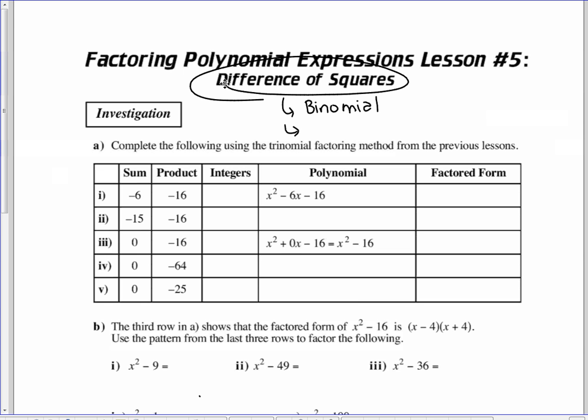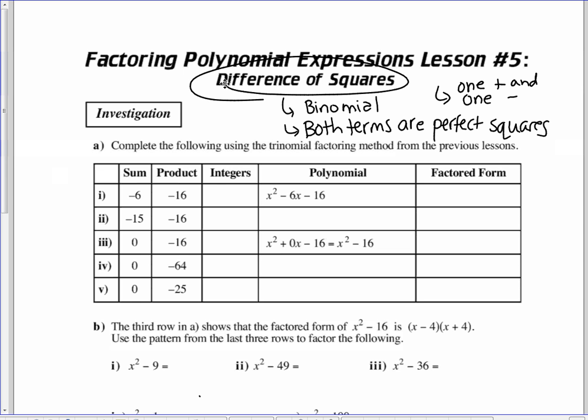You need both terms to be perfect squares. And one of the terms is positive and one's negative. Those are the three conditions you need for a difference of squares.